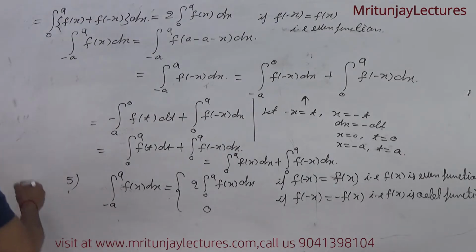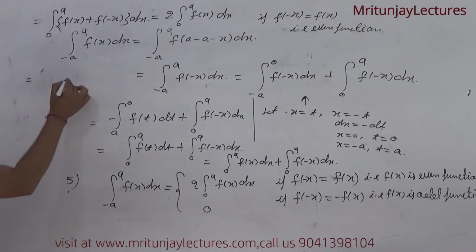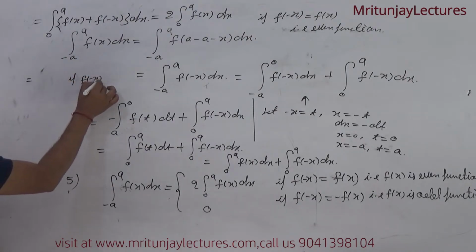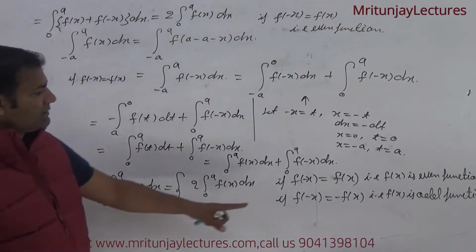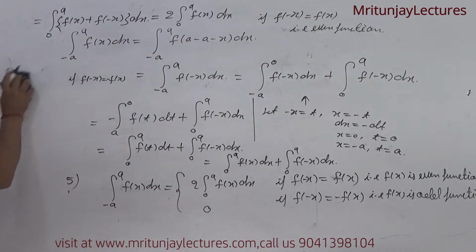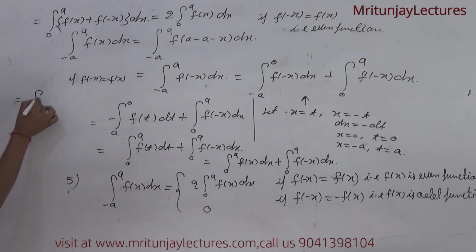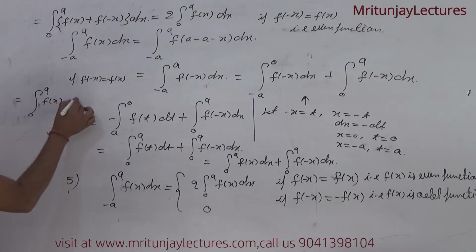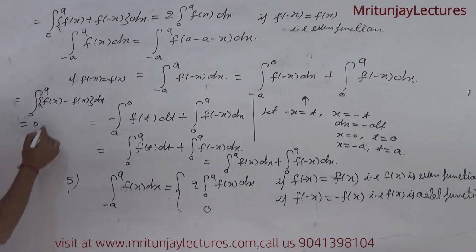Okay, now if f of x is equal to minus f of x, that is 0. In that case f of minus x is equal to minus f of x, which means in that case you can write here integral 0 to a of f of x minus f of x, that is 0, so it is proved here.